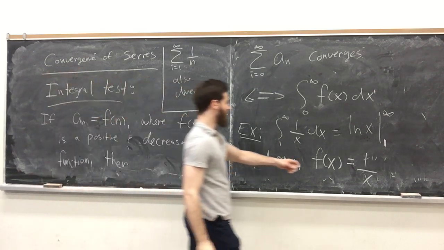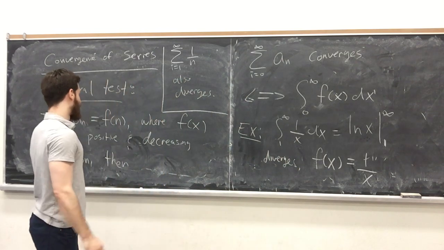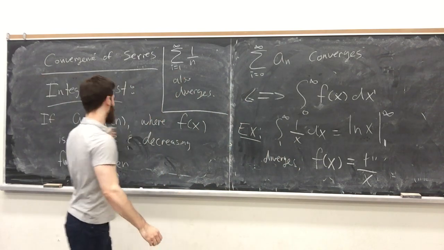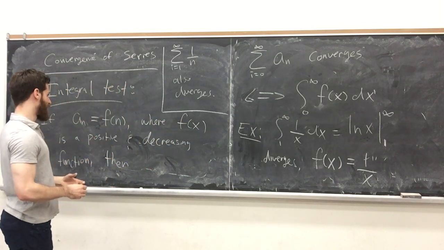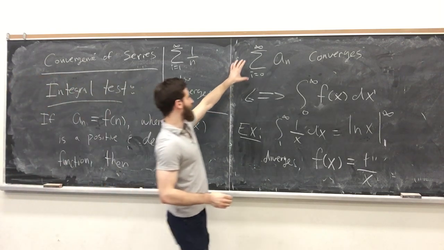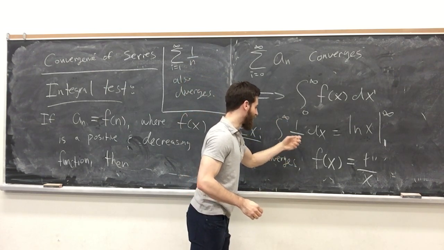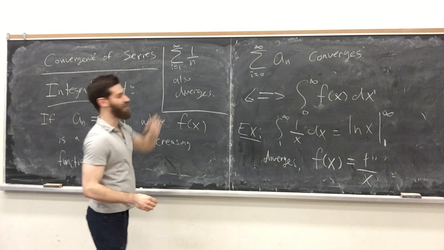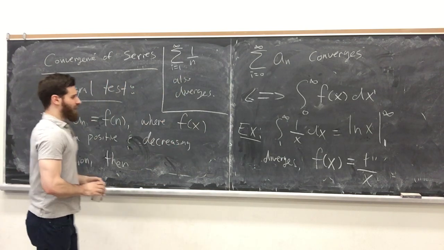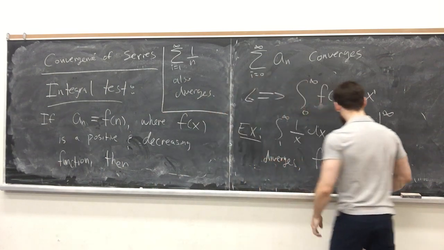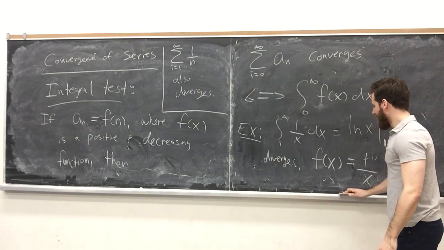So this function is decreasing and it's positive, and a sub n is equal to f of n. Therefore, we could use the integral test, which says that this converges if and only if this converges. This does not converge, therefore this also does not converge. So that's probably the simplest example of using the integral test to show that a series diverges.